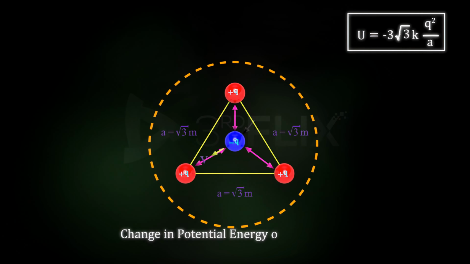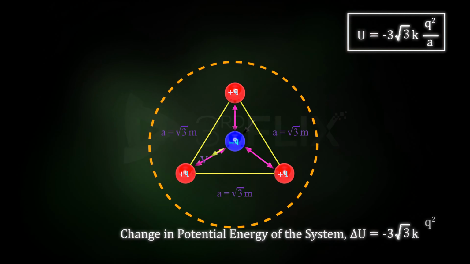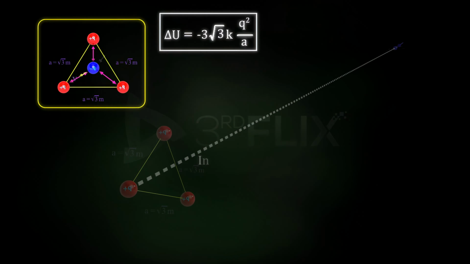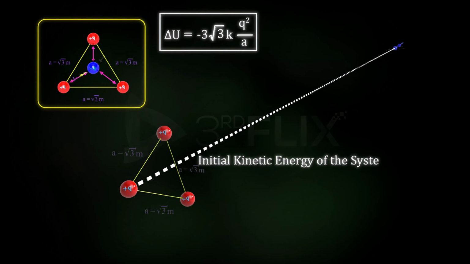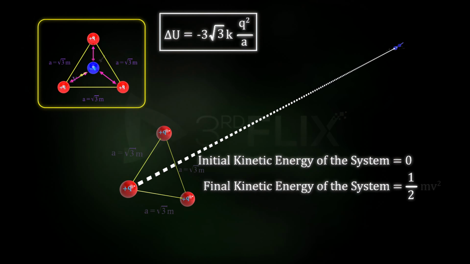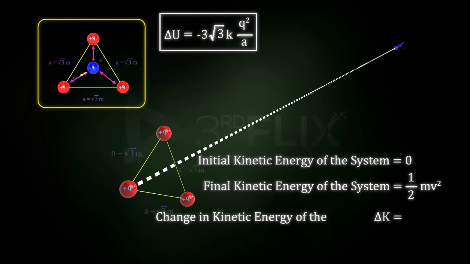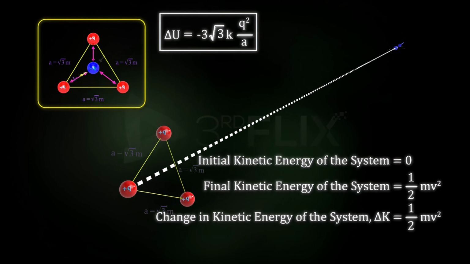Change in potential energy of the system is minus 3 root 3 kq squared by a. Kinetic energy of the system initially is 0. Kinetic energy of the final configuration is half mv squared. So, change in kinetic energy is half mv squared.